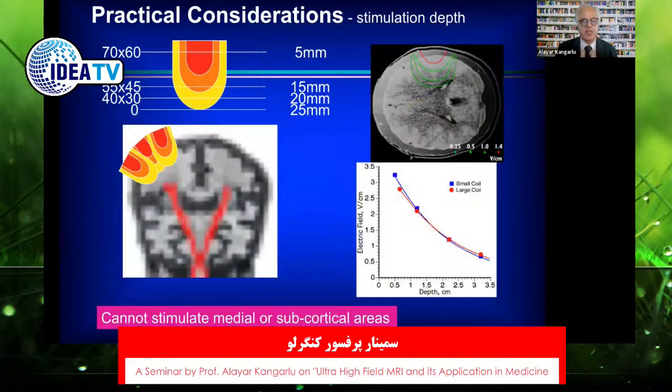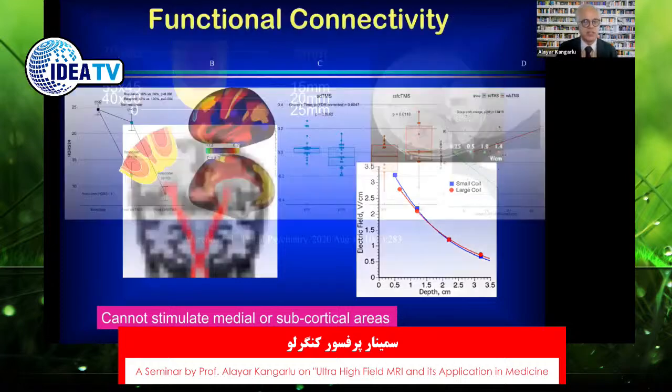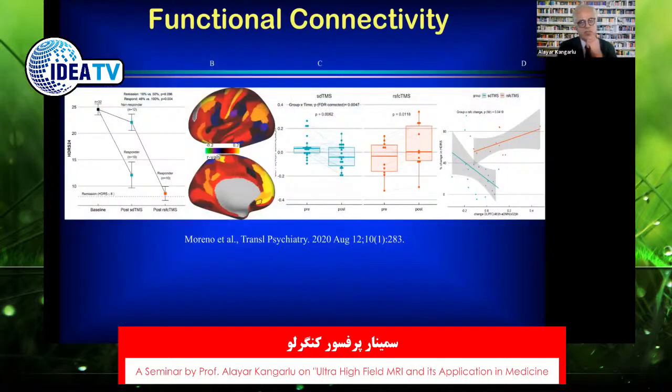It has been shown that in spite of the fact that the field depth of the magnetic pulses is not very deep, they have been able to produce some really startling results as a result of neuromodulation.